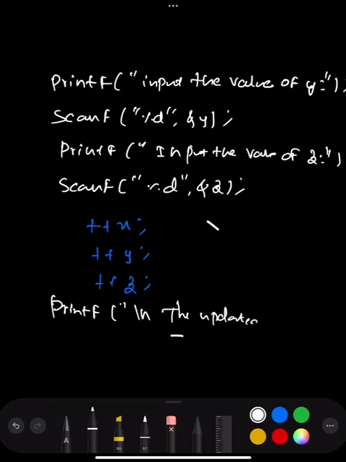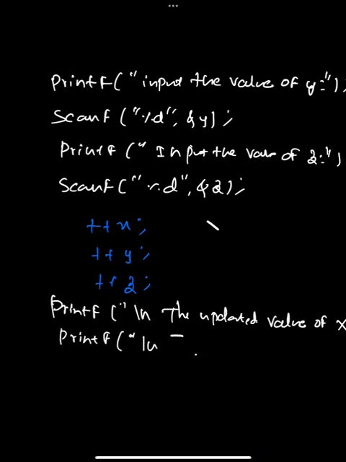Printf slash n, "the updated value of x is %d", comma x. Like this for y also. Printf slash n, "the updated value of y is %d", comma y.